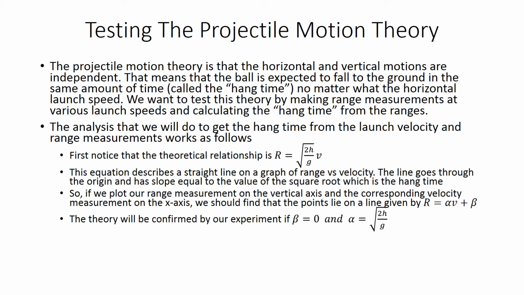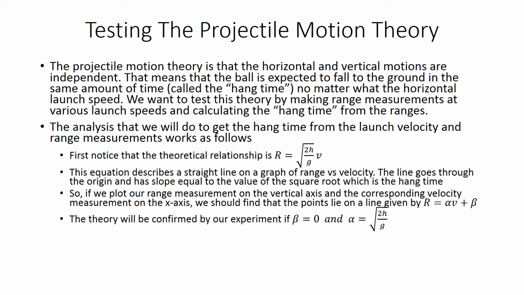So if we plot our range measurement on the vertical axis and the corresponding velocity measurement on the x-axis, we should find that the points lie on a line. And that line will be given by the equation that the range is equal to alpha times the velocity plus beta.